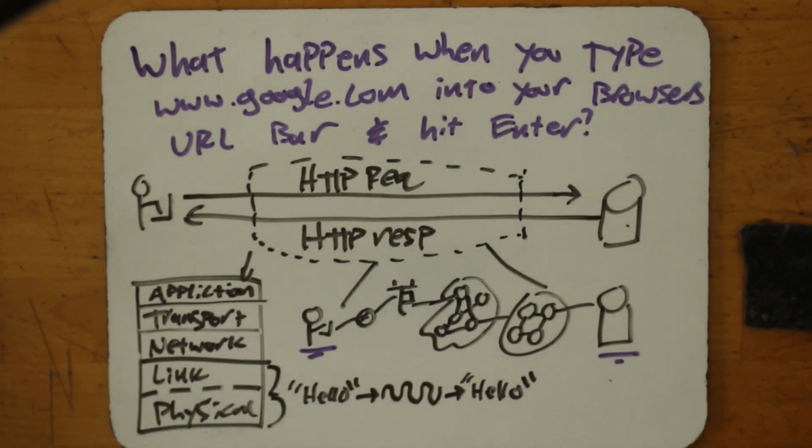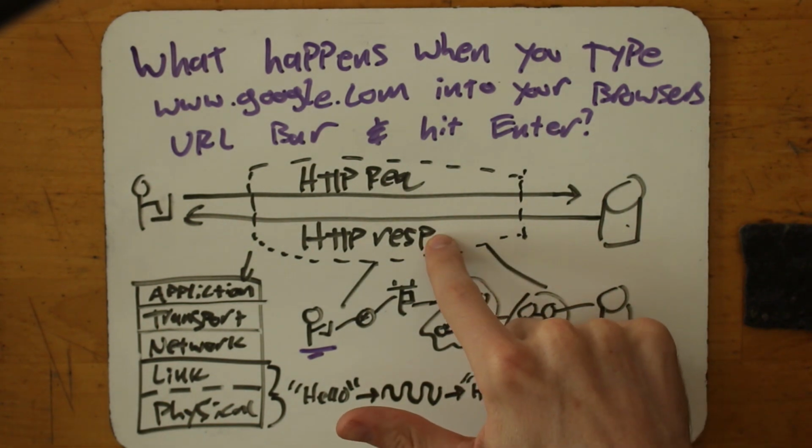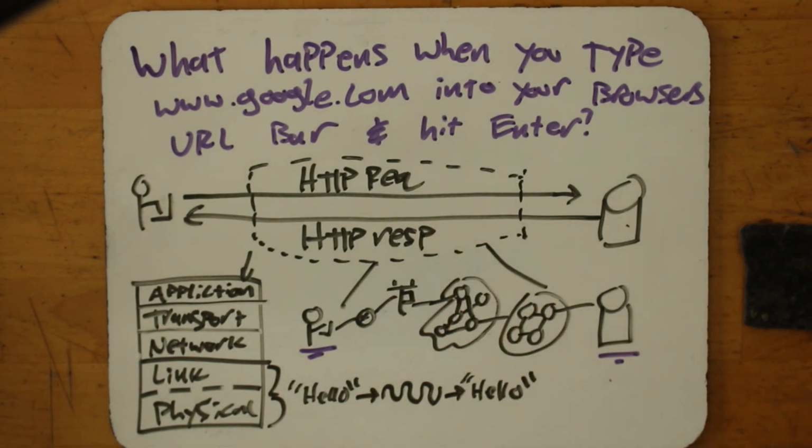And if we're a Google server that's returning HTML inside of an HTTP response, we know how the browser will then take that HTTP response, parse it, and then deal with the resulting HTML that will be included in this response in this specific instance.